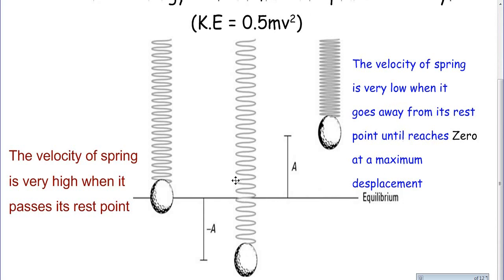But when this ball passes through the rest position, the velocity is very high, the maximum speed at the rest point. So the kinetic energy at the rest point is maximum, but the kinetic energy at the maximum displacement is zero.